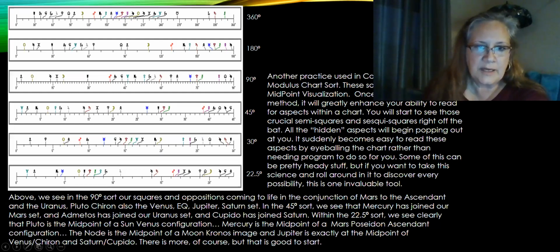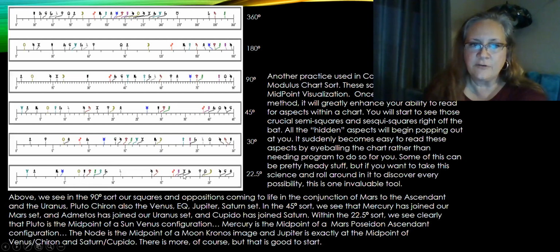So with this right here, the 22.5-degree sort, it's pretty cool. Because when we get down in here, we start to really see, oh my gosh, look at that. The sun and Chiron and Venus right there together, with Pluto exactly between. Pluto is the midpoint of my sun, Venus, Chiron.